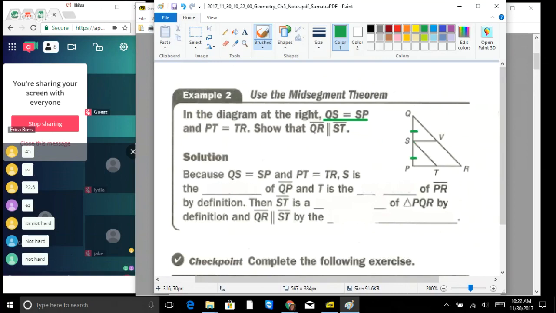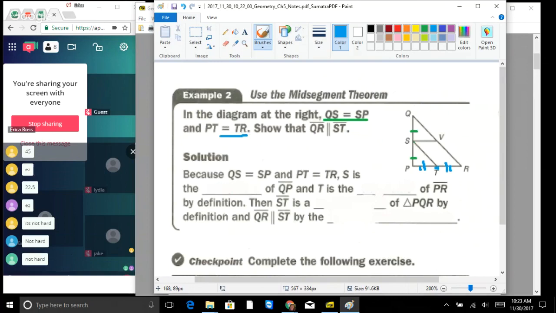PT equals TR. So that means that PT and TR are congruent, and this point T is also the midpoint.